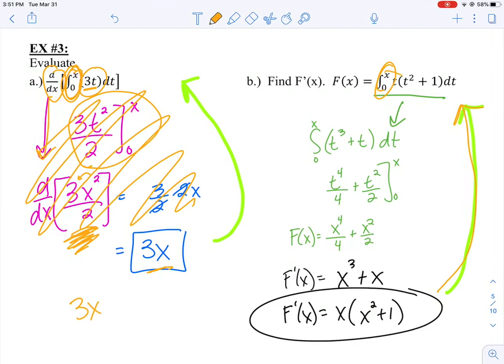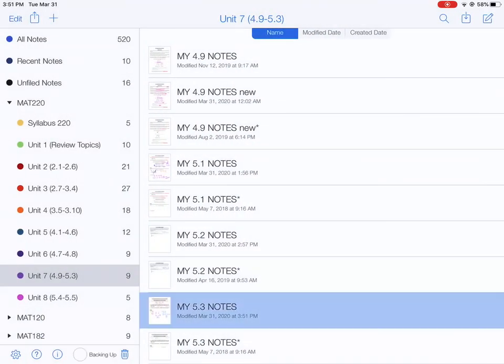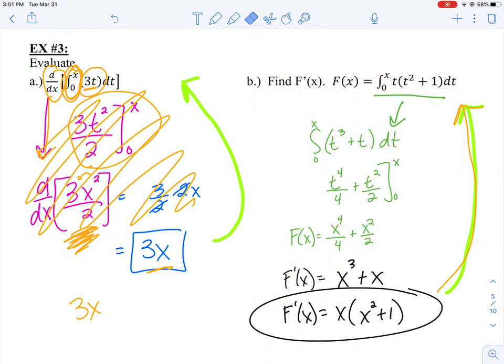If my original function was t times t squared plus 1, and I'm going from 0 to x, and I'm differentiating the antiderivative, well, then I'm automatically just going to end up at the same place that I started, just with a different variable.